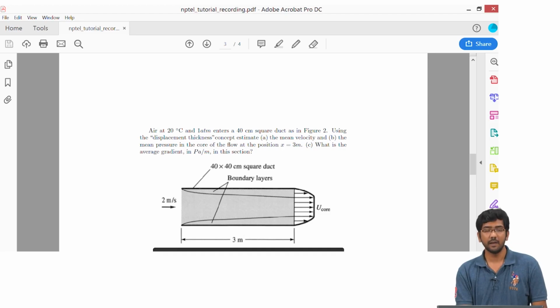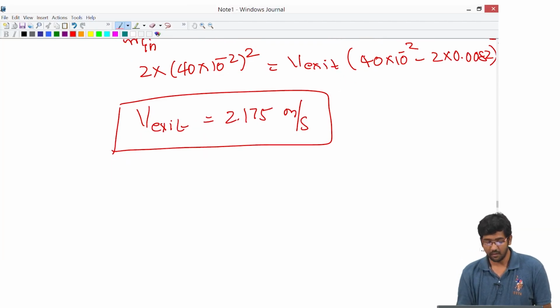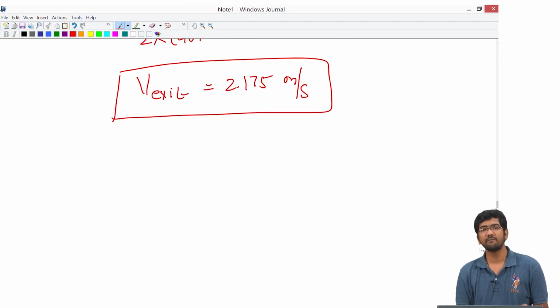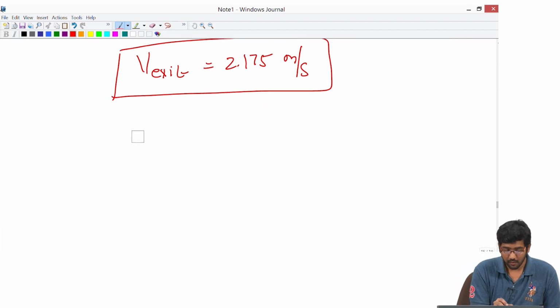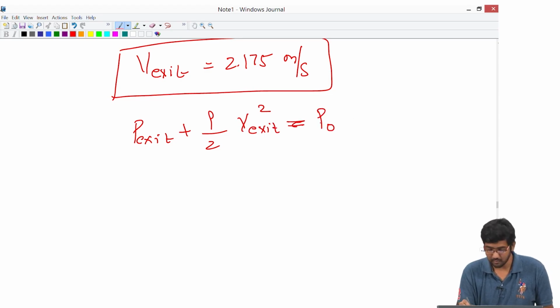Then we were asked to calculate the mean pressure in the core of the flow at the position x equal to 3 meters. To calculate the pressure, because we have velocity data and we have an inlet pressure, we can impose the Bernoulli equation, which is P exit plus rho by 2 V exit square equals P inlet, or I will define it as P0 plus rho by 2 V0 square.